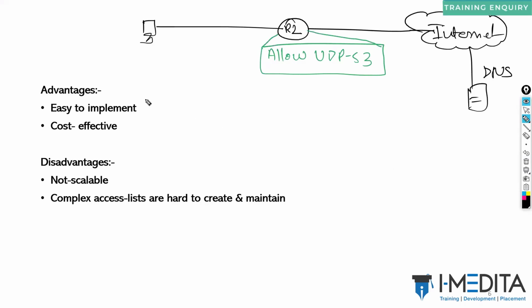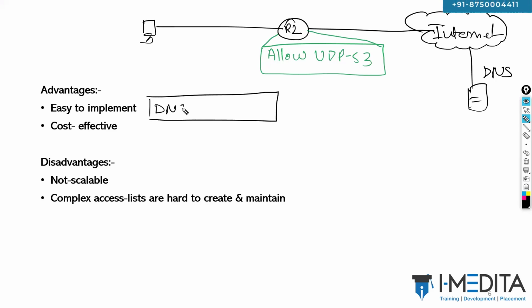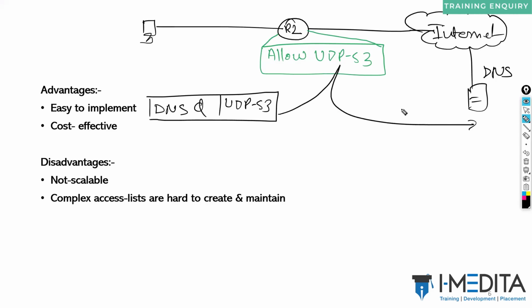Now, we have a client. The client will send a DNS query that will be encapsulated under UDP 53. That packet will come to the router. The router will check, okay, that is allowed. Now we can say the DNS query is allowed here. But we also have a torrent server on the internet.